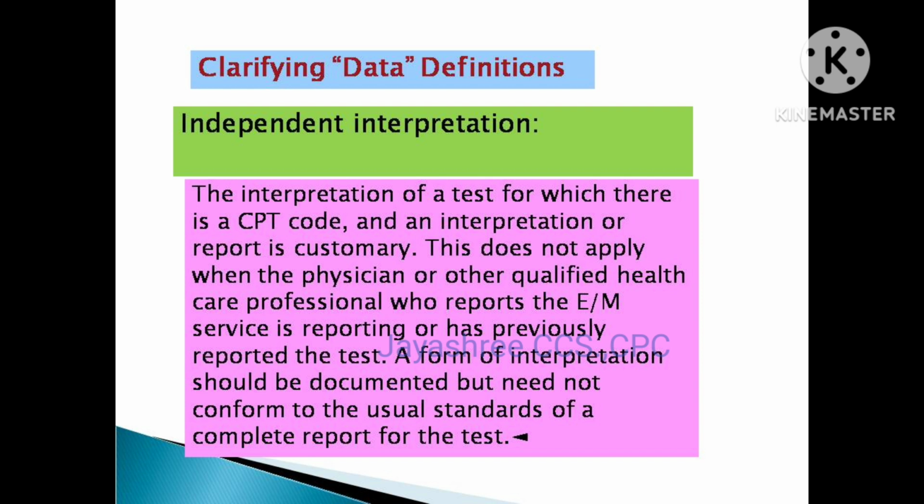The form of interpretation should be documented but need not conform to the usual standard of a complete report for the test. So for independent interpretation, the doctor has to report the particular CPT interpretation. The service is also billed separately with an interpretation CPT code, so we cannot count it in the elements of the data. Okay.